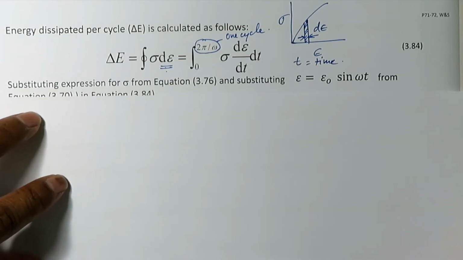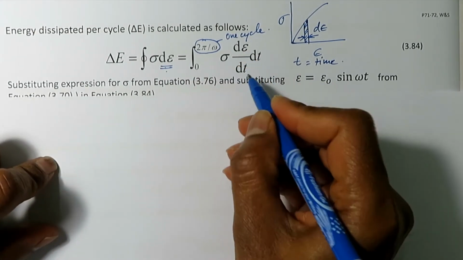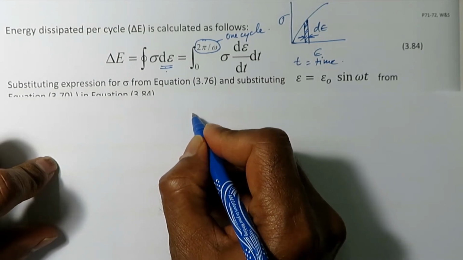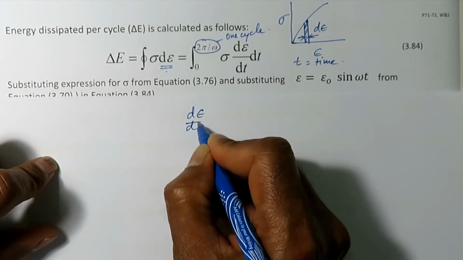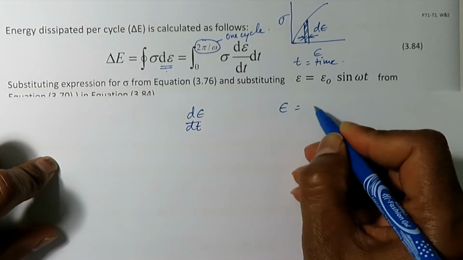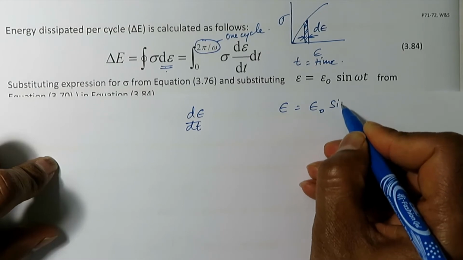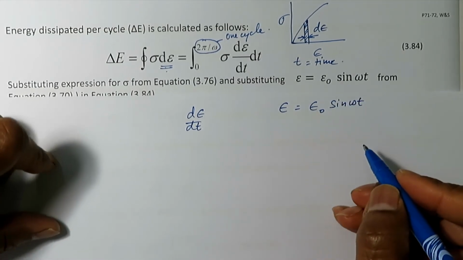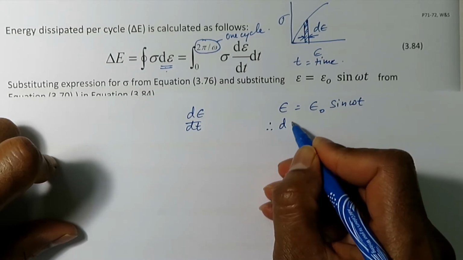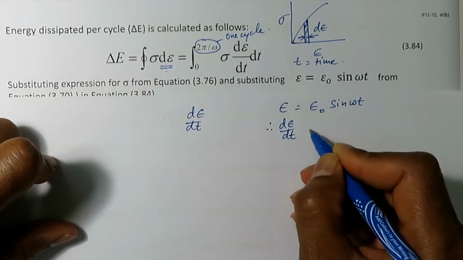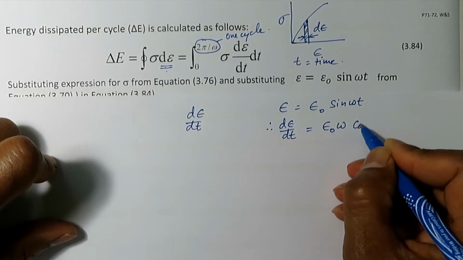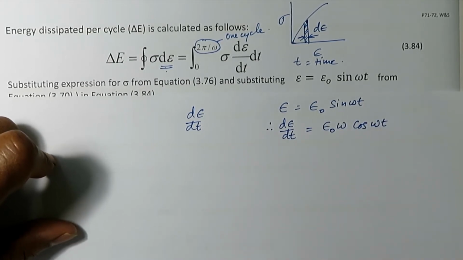So first we should find out d epsilon over dt. So we have epsilon equal to epsilon naught sine omega t. Therefore d epsilon over dt is equal to epsilon naught omega cos omega t.